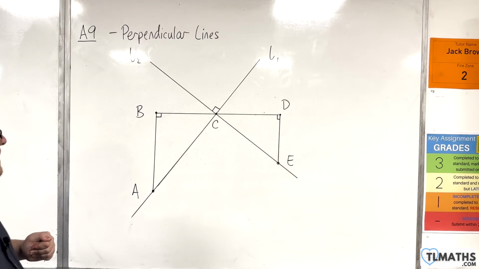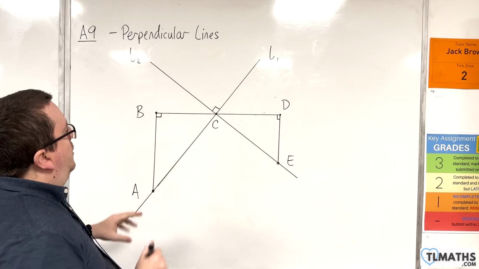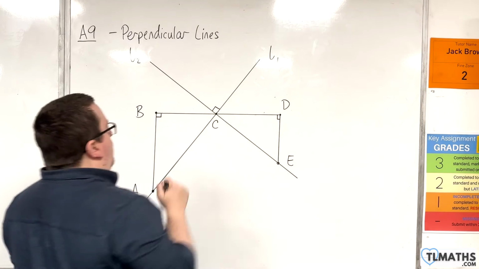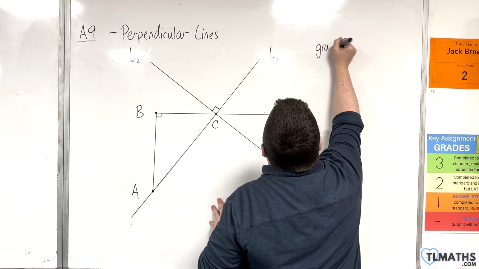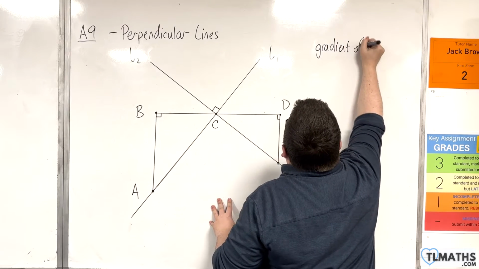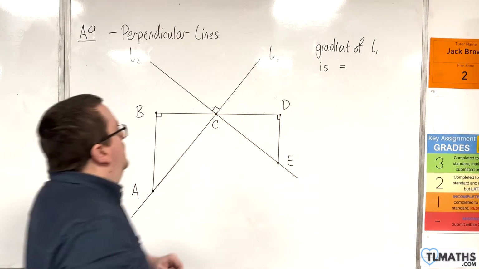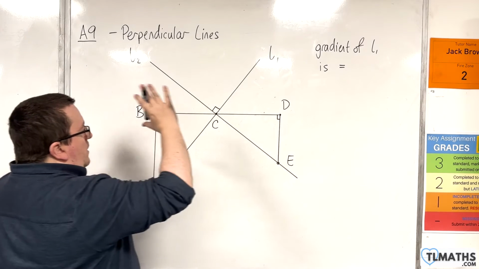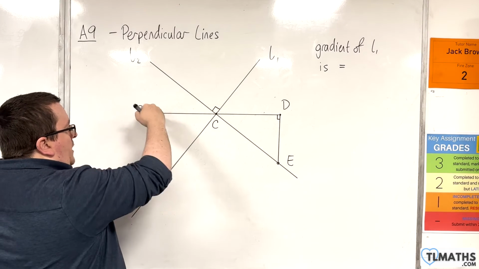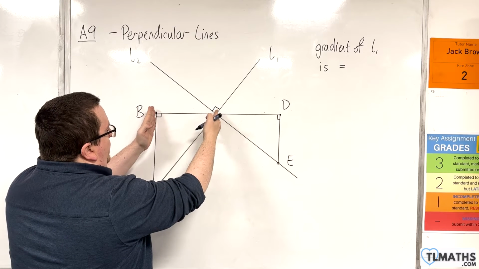Okay? Now, the gradient of my first line, L1, is found by getting your difference in the y coordinates and dividing that by the difference in the x coordinates.